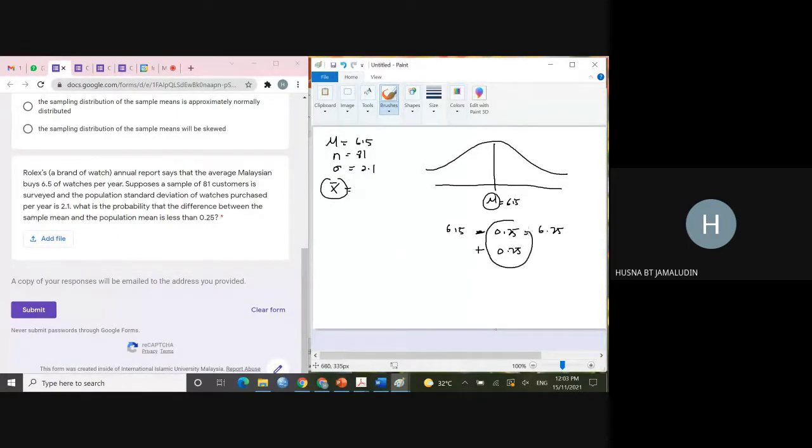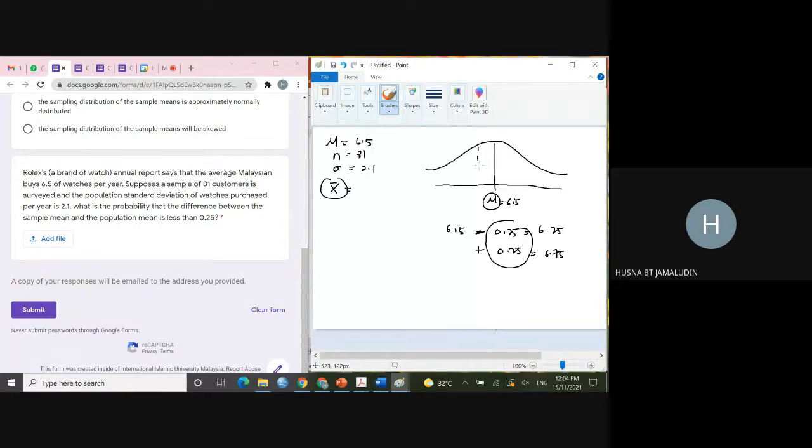So if you plus 6.5 with 0.25, what should you get? 6.75. Regardless whether you minus or you plus the number, the difference is 0.25. So this is what the question means.